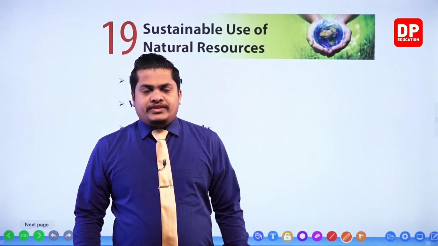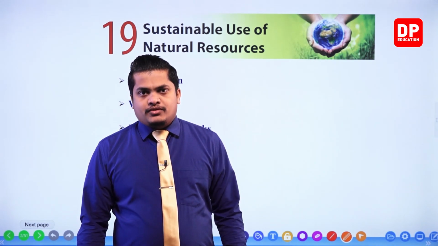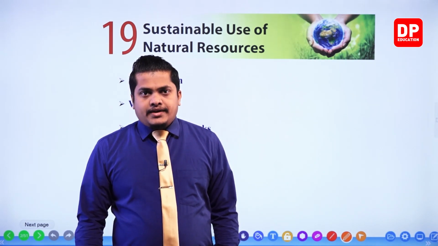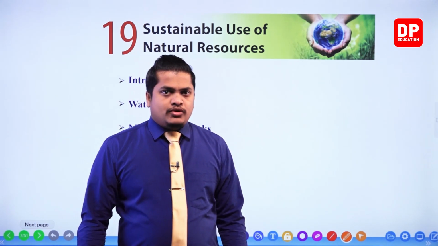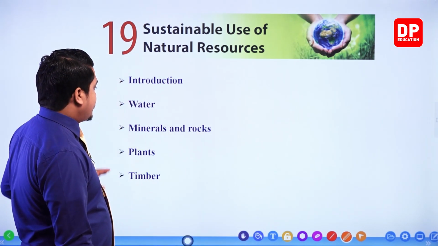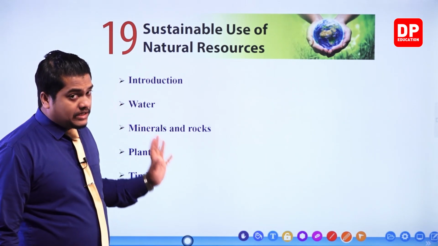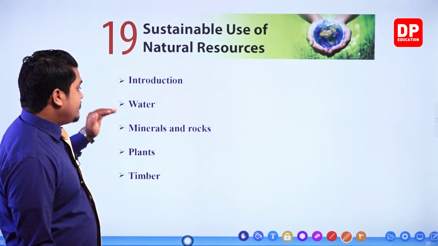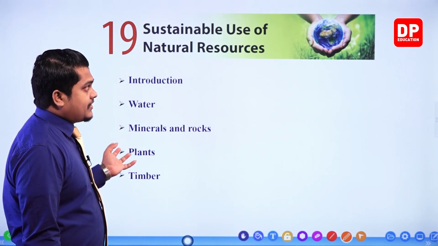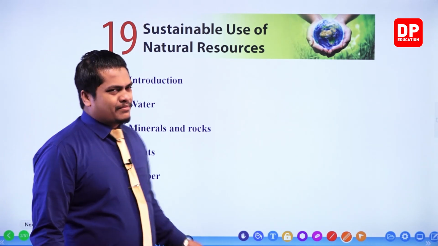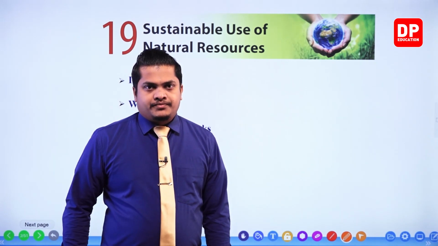Within this lesson, we'll be learning about natural resources and how to use these things sustainably. The natural resources that we are going to discuss within this lesson part are water, minerals and rocks, plants, and from plants, the timber that we get. Or in simple terms, we can refer to those things as wood.